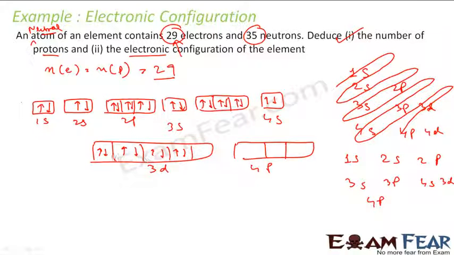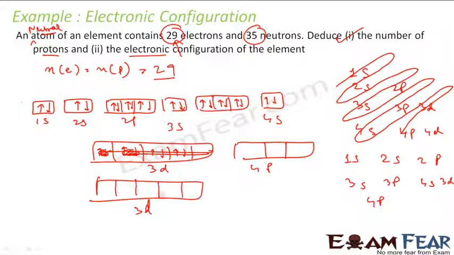Sorry, I'm not doing it correctly. 20 is fine. Then after that, it is the 3d orbital. The pairing won't happen first. So 20 is done. 21, 22, 23, 24, 25, 26, 27, 28, 29.